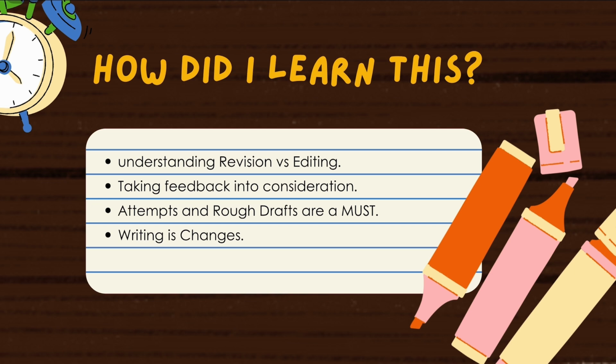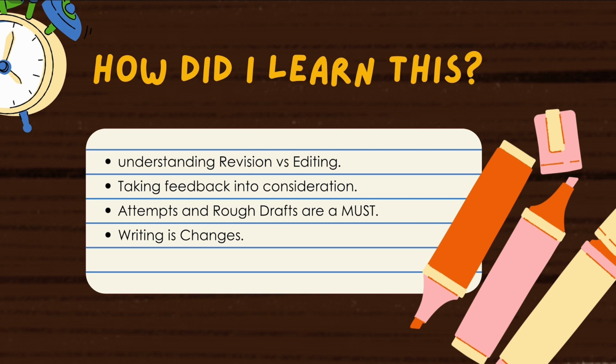Then the third bullet point is attempts and rough drafts are a must. Like I said, you have to understand that writing is a cycle. You are not gonna get the perfect essay in the first try. It's impossible. It's never happened. You're always gonna have the first rough draft, the second rough draft, the third rough draft, until you reach what's perfect for you, because it's still not going to be perfect because humans are made to make mistakes.